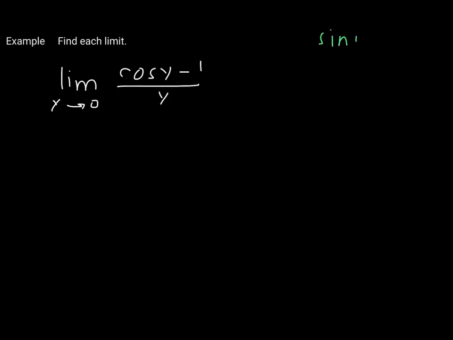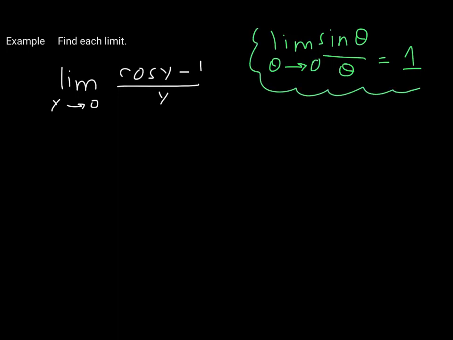Sine of theta over theta is equal to 1, right? I should say the limit of this expression as theta goes to 0 is equal to 1. So I would like to use this, but the only problem is, I don't have sine of theta over theta. So I want to be clever and use some identities so that I can rewrite this expression so that it's of the form sine of theta over theta.